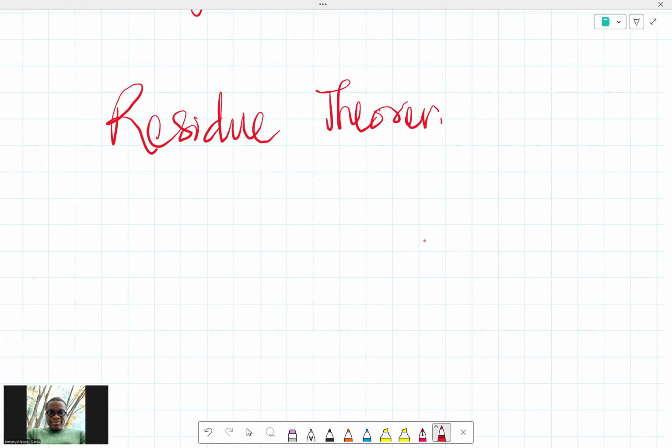The residue theorem is basically a concept from complex analysis, complex numbers.